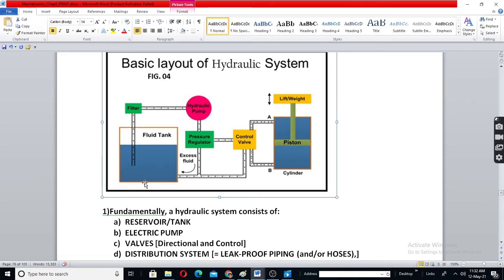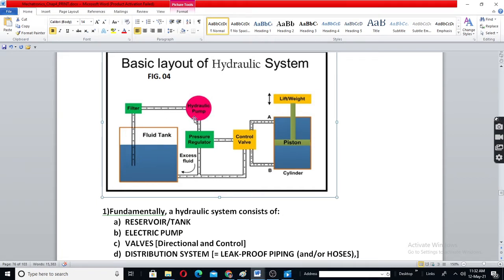From the reservoir, oil is used, sometimes even water also. Oil is taken by the hydraulic pump which is driven by an electric motor through a filter so that some solid particles are removed which is in the oil or the liquid.